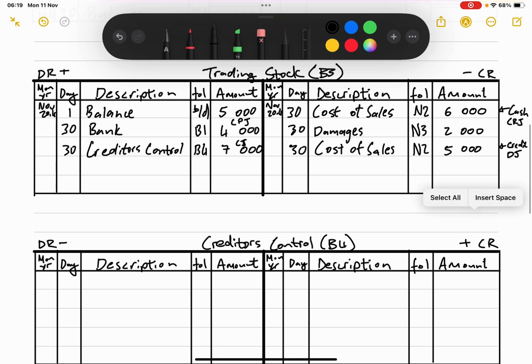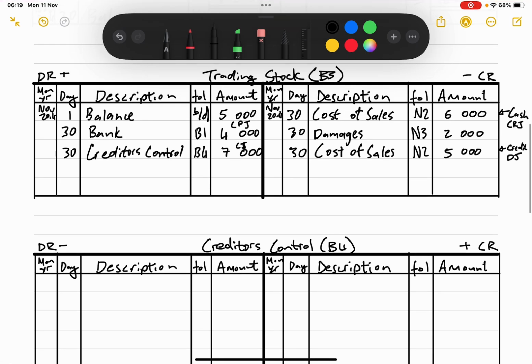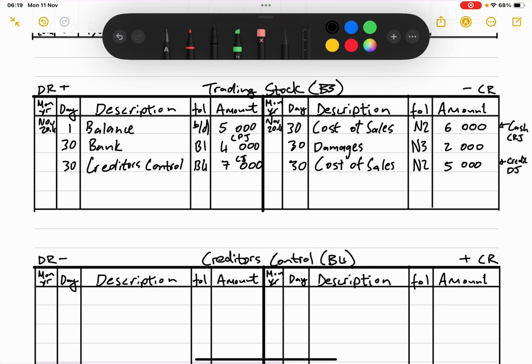Now from here, with trading stock, what also might happen is if you return stock to your supplier. If you return stock to your supplier, number one, if it's bought on credit, you will no longer have to pay that credit. They will issue you a credit note because you are their debtor.